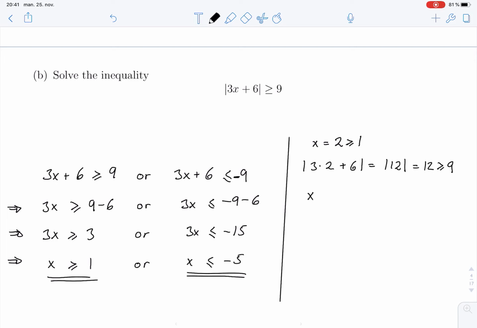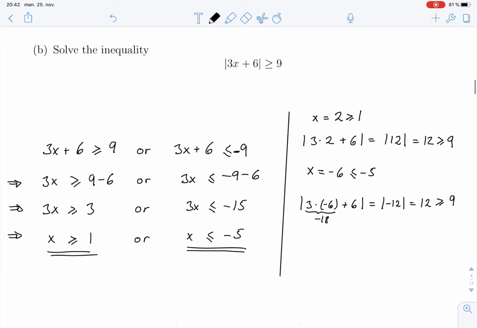Let's take something that is less than -5, for example, -6. Then we get 3 times -6 plus 6, which would become -18 plus 6, so we have -12, which is 12 in absolute value, which is also larger than 9.